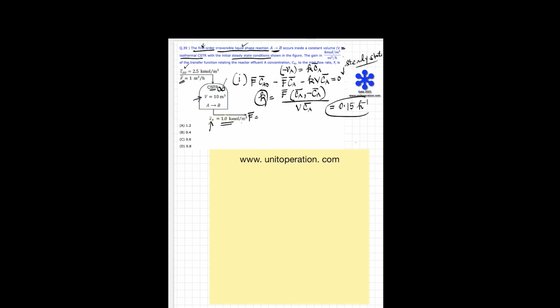In the second step, we have to find the gain of the transfer function relating the effluent concentration C_A to the inlet flow rate F. So the gain is going to be equal to delta C_A over delta F. That's what we have to find out.